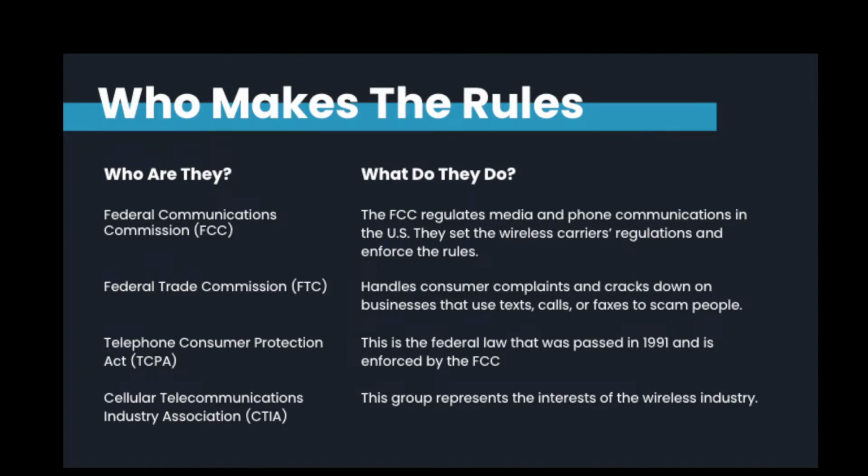The FCC regulates media and phone communication, and they essentially set the regulations that all wireless carriers must enforce. And the FTC handles complaints from consumers to crack down on violations of consumer protection laws from businesses that use calls or texts.